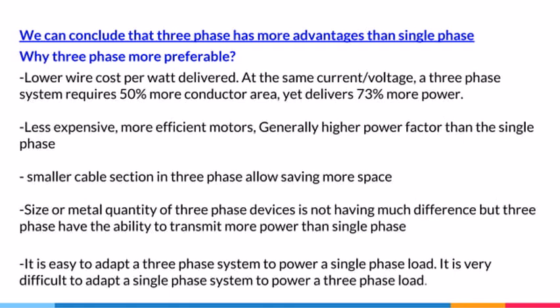The size or metal quantity of the three-phase device does not differ much, but three-phase has the ability to transfer more power than single-phase. It is easy to adapt a three-phase system to a single-phase board, and it is difficult to adapt a single-phase system to a three-phase board.